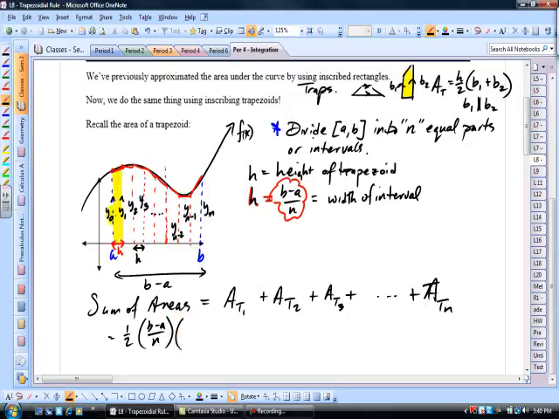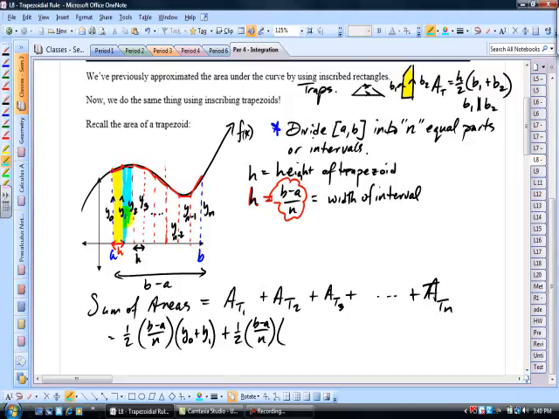Now, on the first trapezoid, the bases are y0 and y1. So I have to add up y0 and y1. That's the area of the first trapezoid, plus the area of the second one, which is 1/2 times the height. And the heights are all the same because the widths of the intervals are all the same. So it's b minus a divided by n times the sum of its bases.